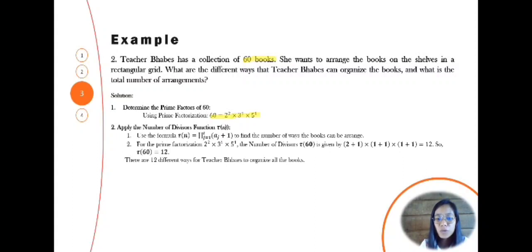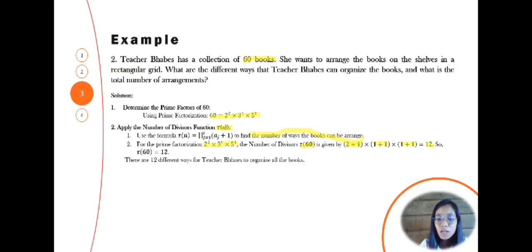After that, we will apply the number of divisors function denoted by tau of n to find the number of ways the books can be arranged. From the prime factorization that we have, the number of divisors, tau of 60, is given by the quantity 2 plus 1 times the quantity 1 plus 1 times the quantity 1 plus 1, which will give us a product of 12.